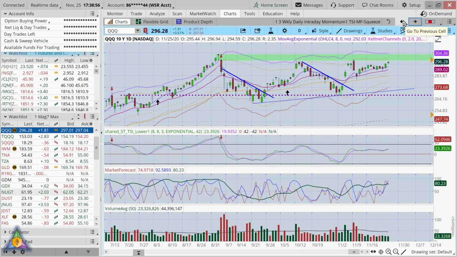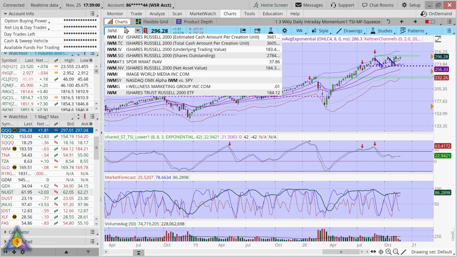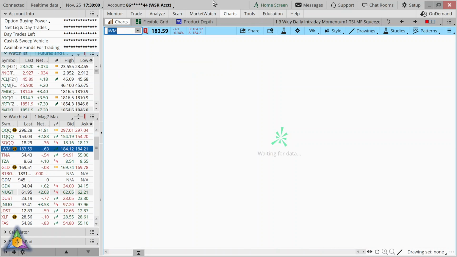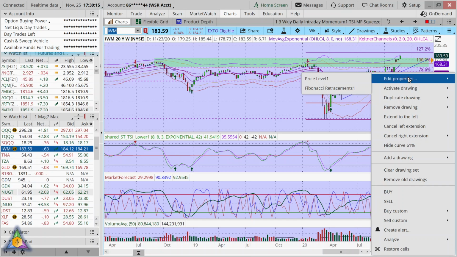Well, let's switch back to the weekly and go on over to IWM. IWM emulates the Russell, and I've got all kinds of lines on this one. As you can see, it is actually breaking out the top side of this upside area. I'm going to hone in on this.